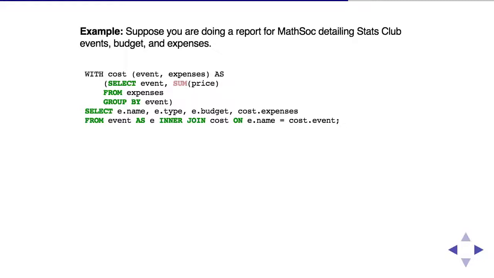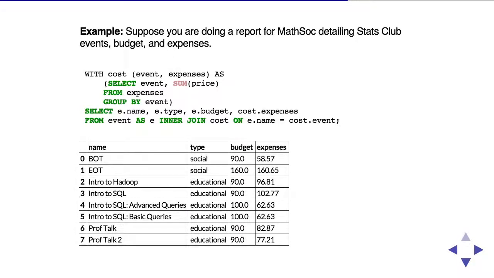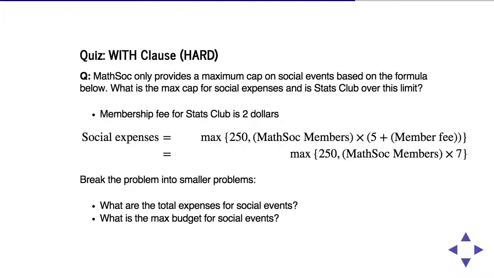Now we're selecting the name, type, budget, and expenses from event inner join cost, where the event name is equal to the event in the subquery cost. If we do that, we have this here, where instead of an itemized list of expenses, we have the total expenses for each event, and it also tells you what the budget is. This one's really hard, and we don't have much time, so I'm just going to go through it.